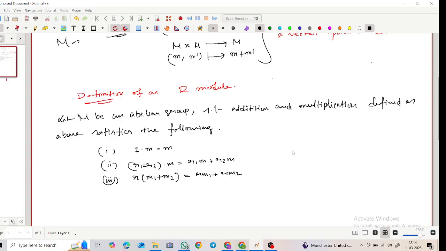Ritik, have I missed some property? I'm checking. No, I think (r1 r2) m equals r1 into (r2 m). Right. Who is it? Ovik. Good.